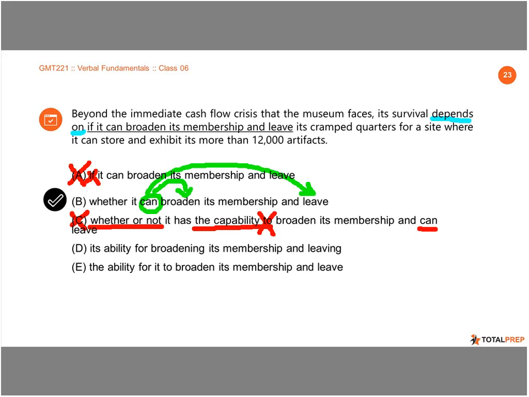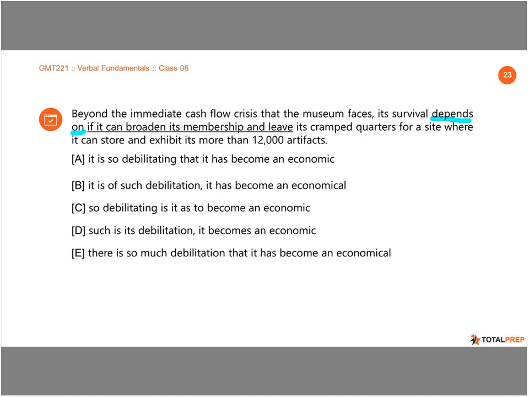D, its ability for broadening its membership in leaving. So this is wrong. E, the ability for it to broaden its membership and leave. The ability for, not exactly, the ability to. So letter E is incorrect because of that.